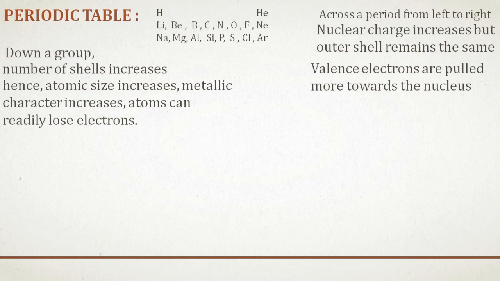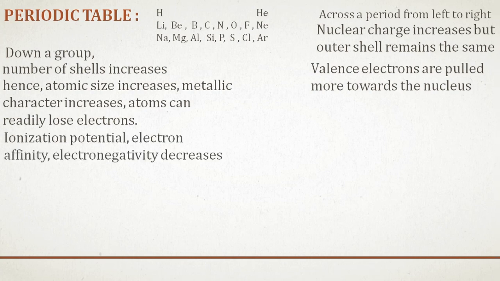So the atomic radius is also more, that is why the distance from the center to the valence electron is more. So it can easily give away the electron, it can easily become a cation from a neutral atom. That is why metallic character increases as you go down a group from top to bottom, like from hydrogen, lithium, sodium, potassium, right? Atoms can readily lose electrons, that is what I have discussed.